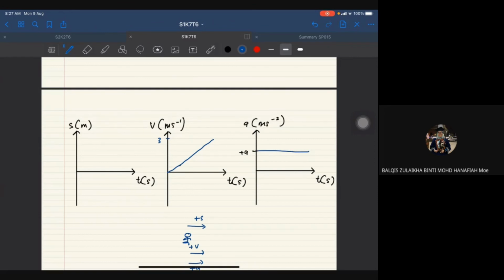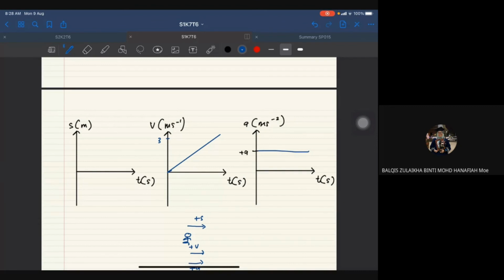So kamu tengok dia punya gradient tu, keceronan dia dekat sini, and over here is basically the same. M1 and M2 are equal. It means that acceleration is constant. Kalau dia adalah not a straight line, let's say dia adalah quadratic, it means that the acceleration is not constant.